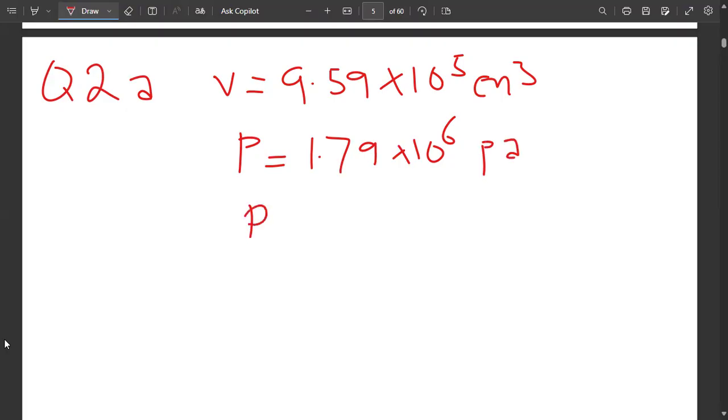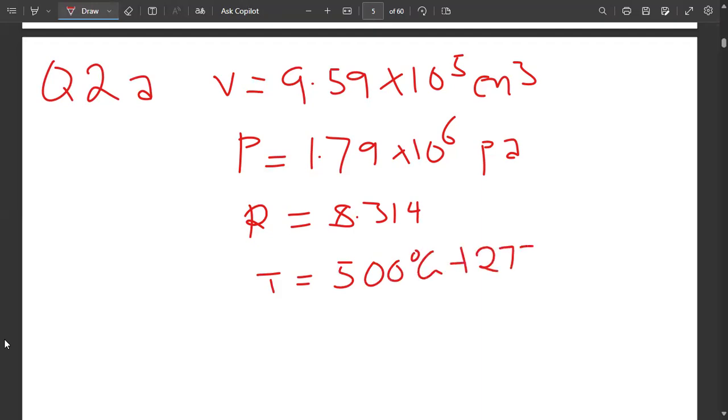Okay, R is 8.314 joules per mole per Kelvin, and the temperature they've given us is 500 degrees Celsius. If we want to convert this to Kelvin, we just add 273.15 and we have a temperature of 773.15 Kelvin.